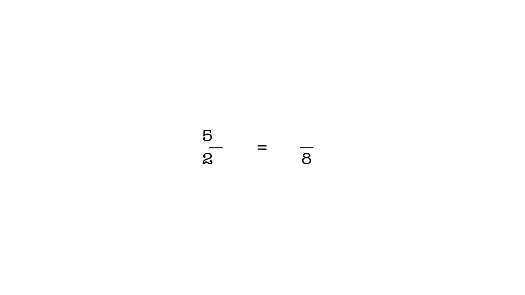We know that 2 times 4 is 8. So we need to multiply the numerator by 4 to get an equivalent fraction. 5 times 4 is equal to 20. So the fraction 5/2 is equivalent to 20/8.